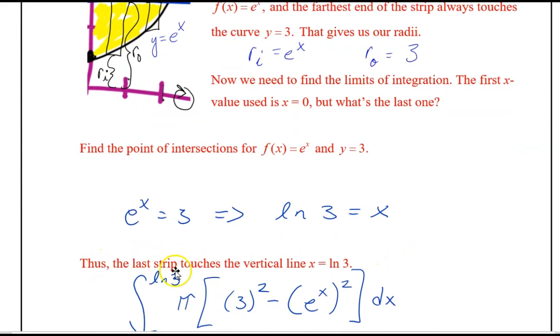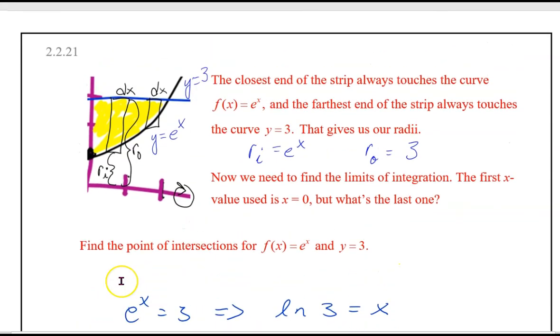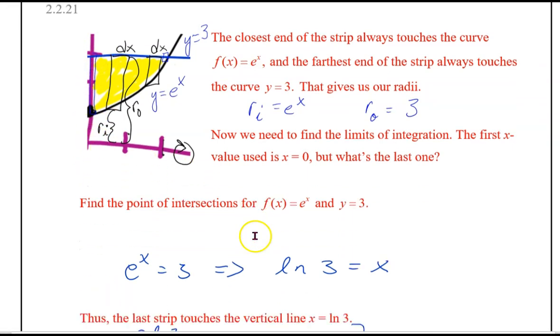The last strip touches the vertical line x equal the natural log of 3. By last strip, I mean if you were to draw a rectangle right there at the end, that's what it would be touching. The first rectangle would be all the way over here at the beginning and would be touching x equals 0 on the left.